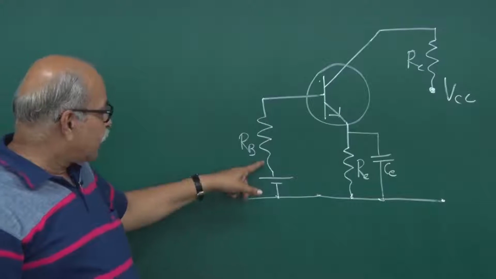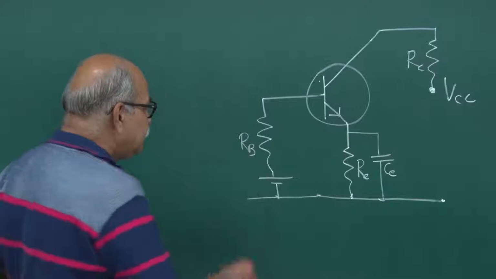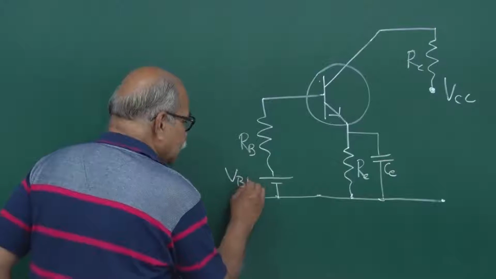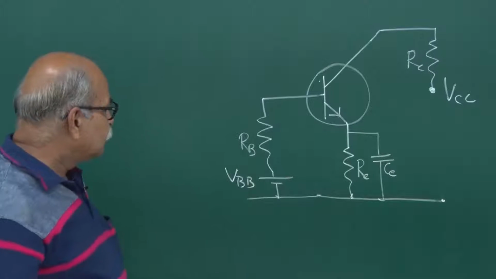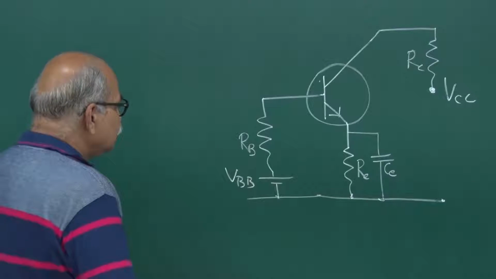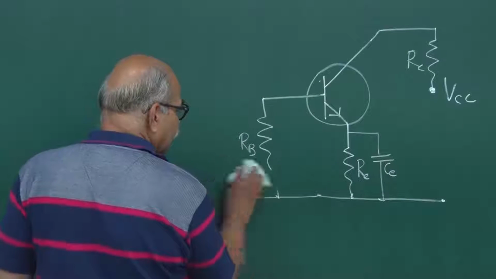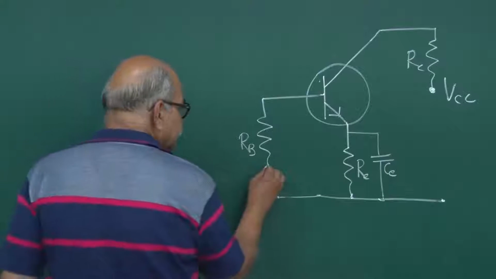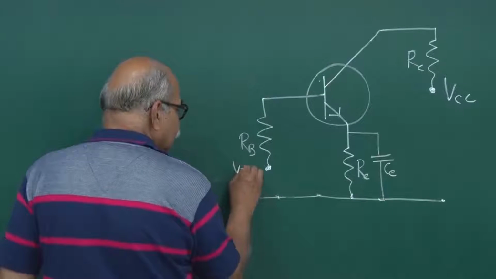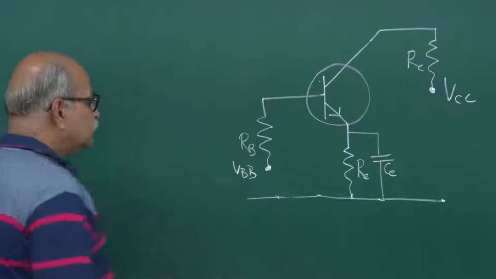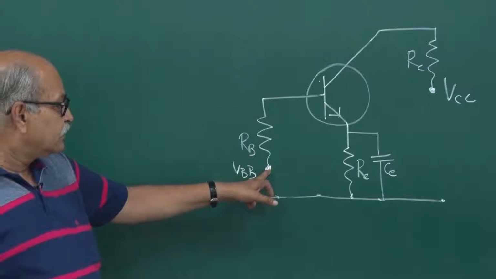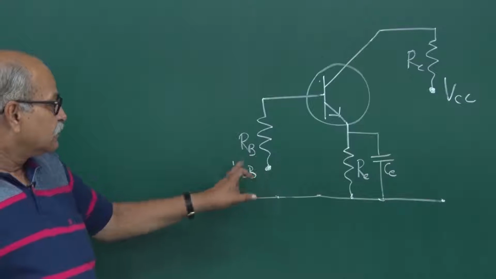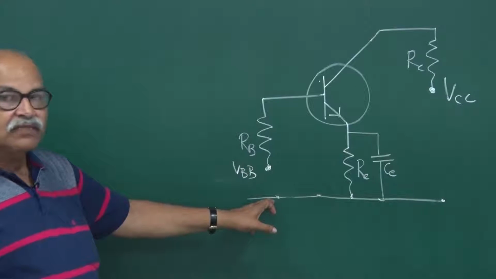This is how you can do many things. For example, this RB here, this is VBB for the base. So instead of writing in this fashion, you can just remove it and write that this is VBB. So that means we know that there is some battery connected here and maintained at this potential with respect to this ground.